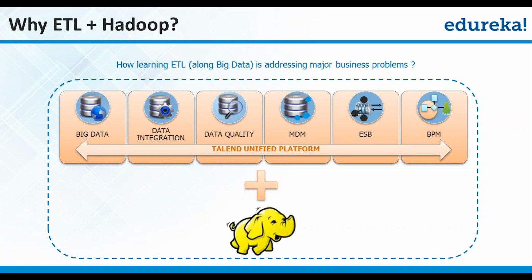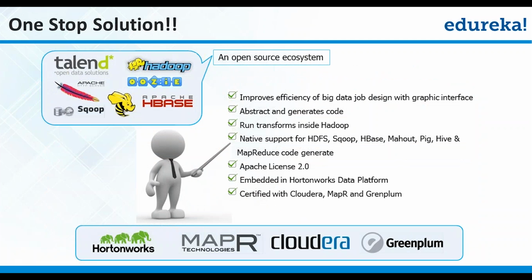Be it big data, data integration, data quality, master data management, enterprise service bus, or business process monitoring, for each and every enterprise-wide problem, Talend has a solution. So Talend is a one-stop solution.